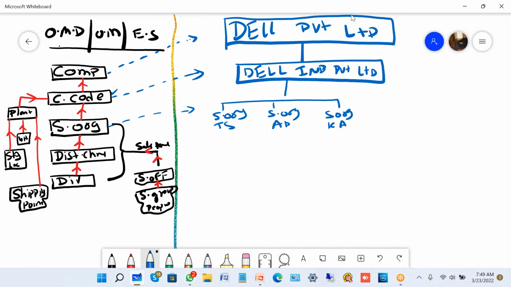What I'm trying to make you understand is, think that I am the Dell company, and think that you are an SAP consultant. Now you are interacting with Dell company as an SAP consultant, understanding how Dell company is organized, and we are drafting it. I'm making you understand like a consultant how we draft in this training program as a trainer.